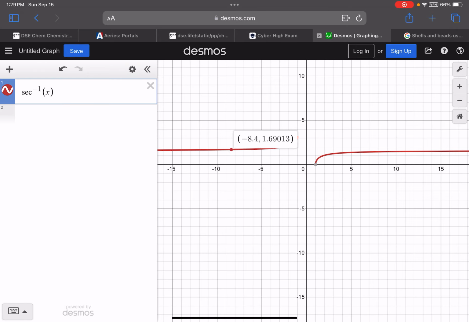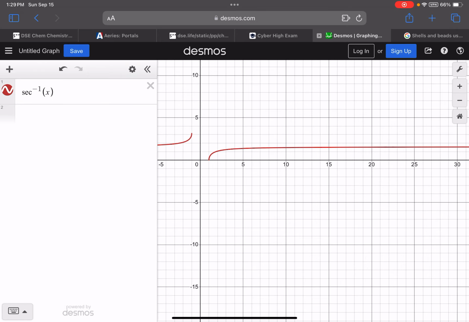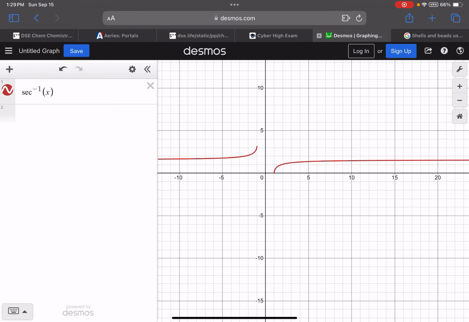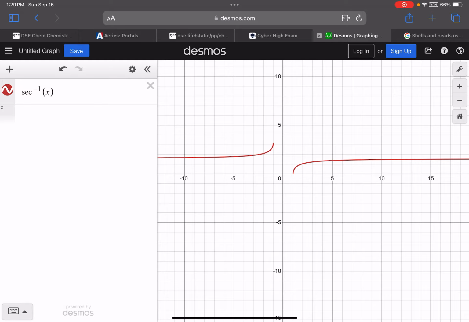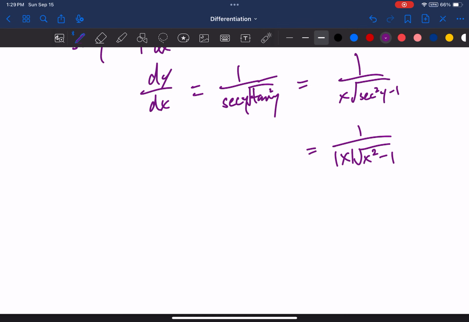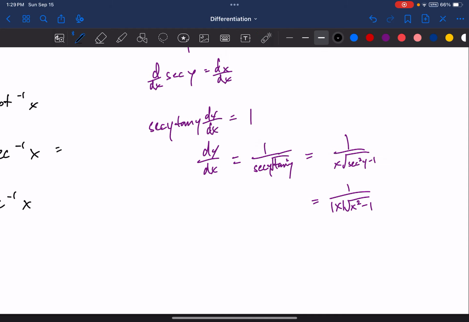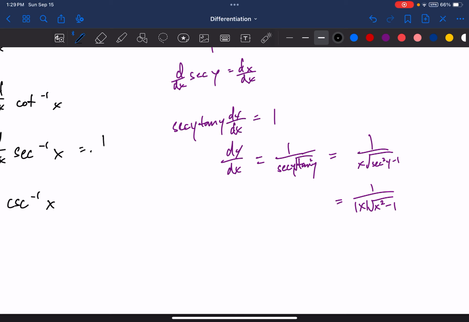When it's approaching negative infinity or positive infinity, they will approach 0 somewhat, but they will never become negative. And that is why you have to put an absolute value on the x to make sure that it will never become negative. And the reason why you don't have to do anything for this is because anything that comes out as a square root is positive. So here it will just be 1 over absolute value of x, and then root x squared minus 1.